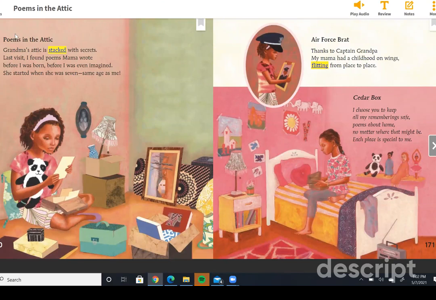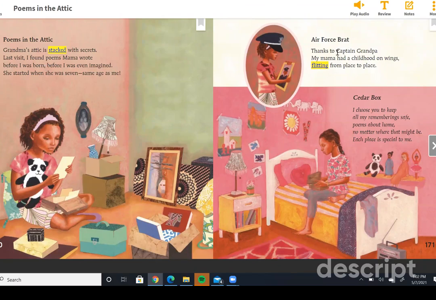Poems in the Attic. Grandma's attic is stacked with secrets. Last visit, I found poems Mama wrote before I was born, before I was even imagined. She started when she was 7, same age as me. Air Force brat.